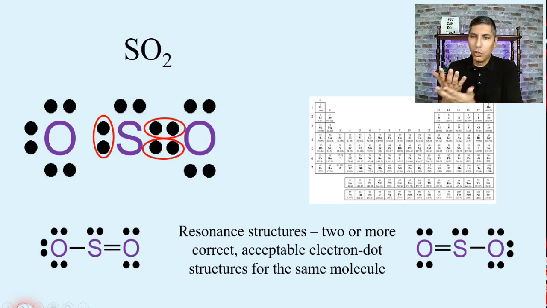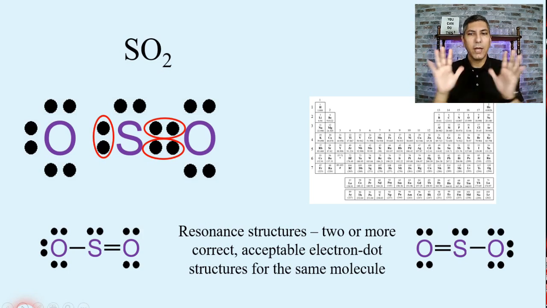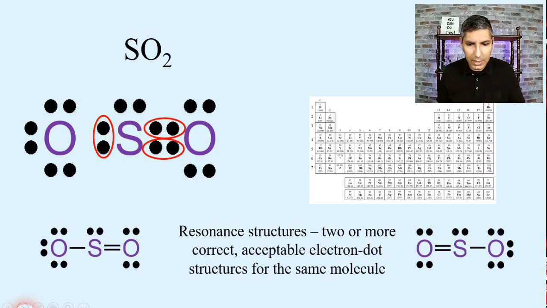You can't actually superimpose your left hand onto your right hand no matter how much you try. They're basically mirror images of each other. And so that's kind of like what these resonance structures are in this case. They are mirror images in this case, and they are both right. And if you put either one of these on a quiz or a test, that would be just fine. So realize that we have resonance structures for a lot of these molecules, more than one correct answer.